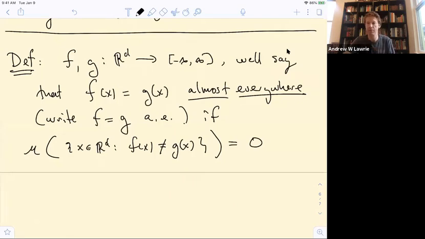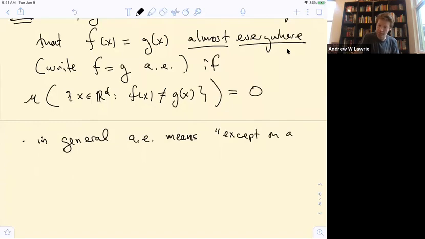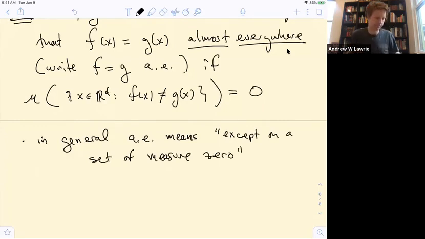So we'll use this word for several different things, and we'll always just mean something happens except on a set of measure 0. Okay.